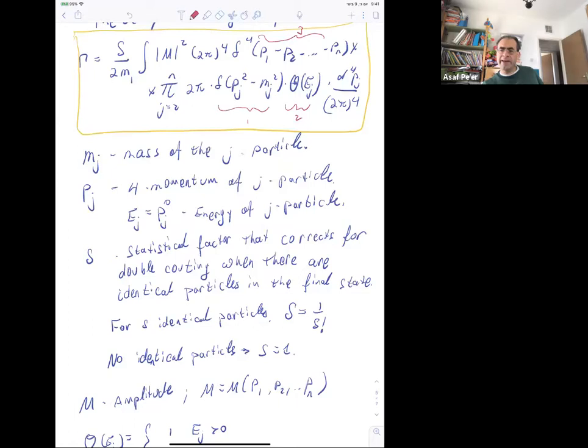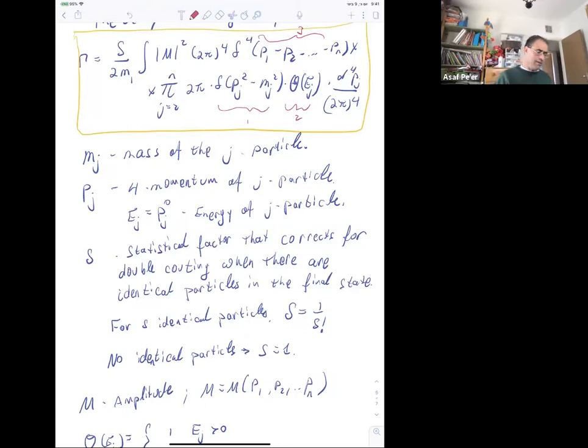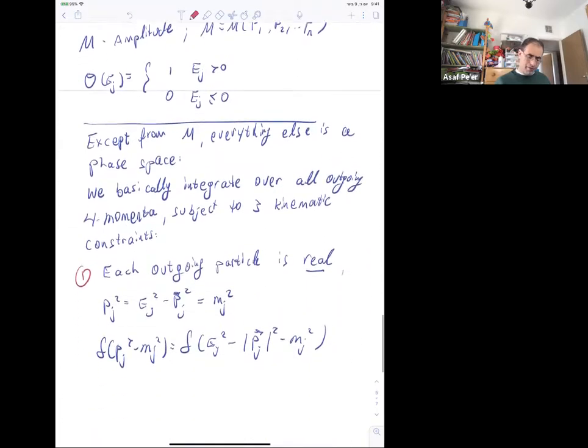Any idea? Well, it certainly means something. That particles have energy, positive energy? Exactly. That each of the outgoing particles' energy is positive. Very good.